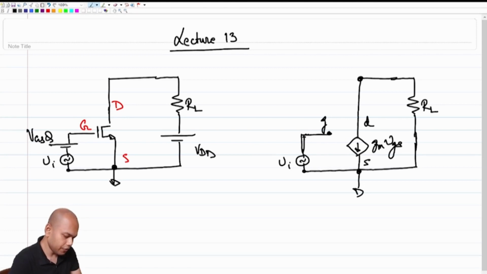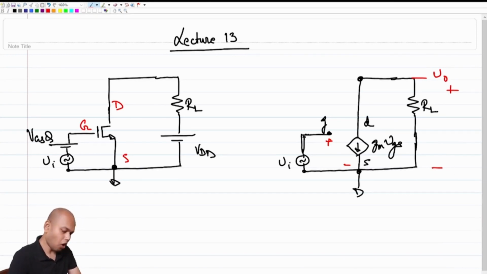So incrementally, the input is applied between the gate and the source, right? And the output, where are we taking the output? The output is taken between another terminal, which is drain in this case, and the source.